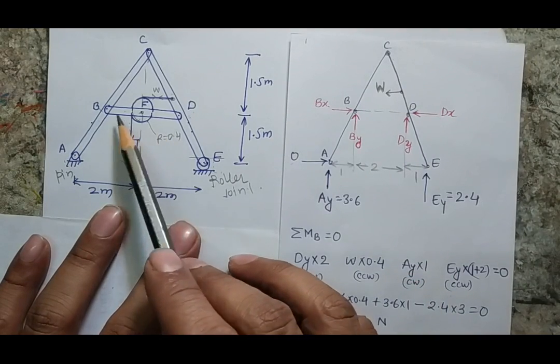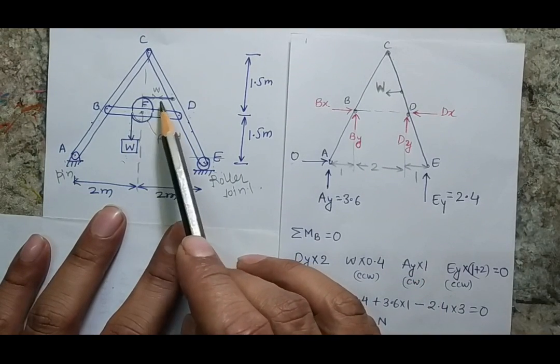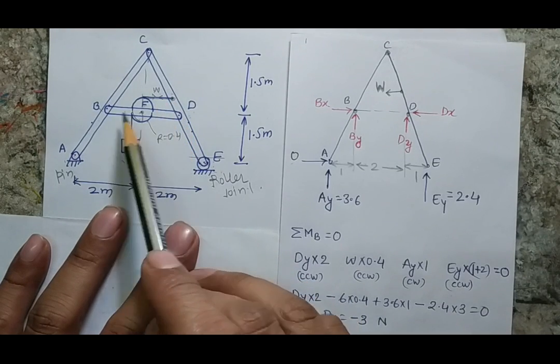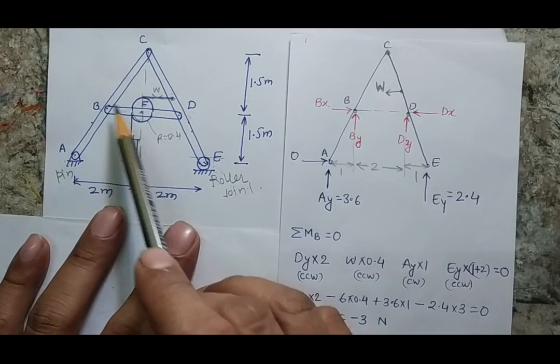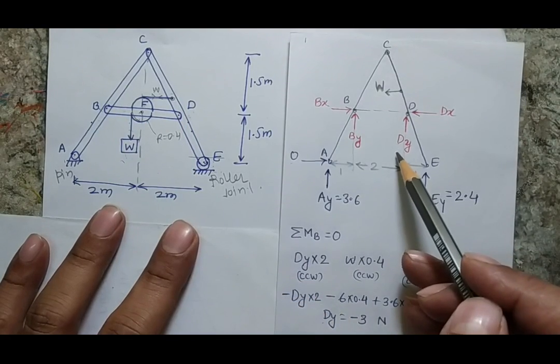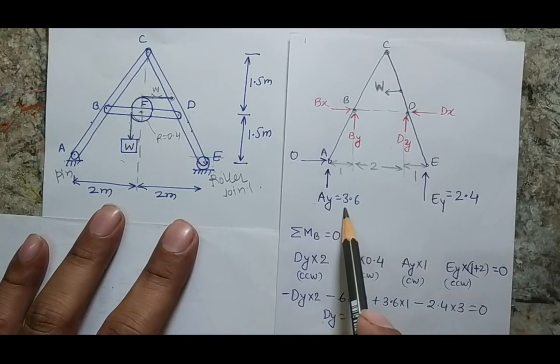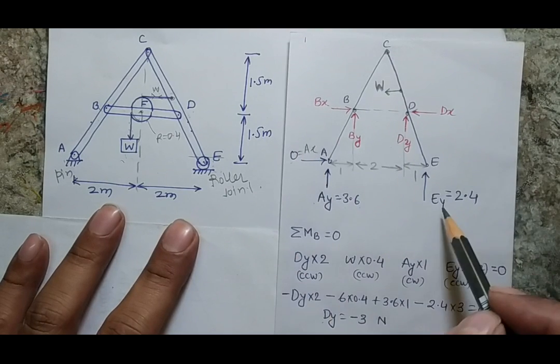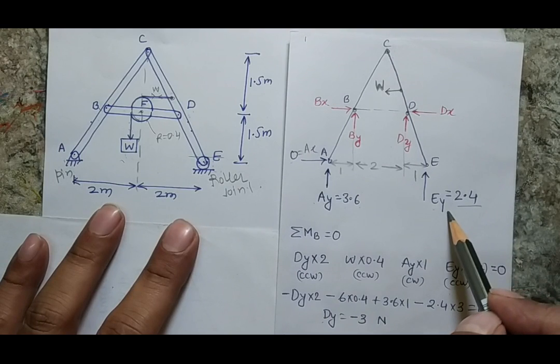I have just removed this bar and the pulley. So now I have a point force here, which will be equal to W, and the forces because of the reaction at point B and at point D. So now this is my free body diagram. AY I have calculated, that is 3.6. My AX force is 0. This EY is 2.4 in the upward direction.